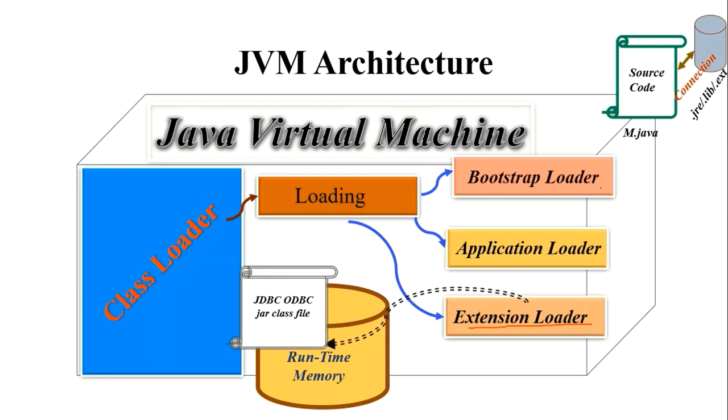It does a simple task of loading the System class into the main memory. As a result, we don't have to include the lang package corresponding to the System class. Application loader loads the class file and the extension loader loads any additional file for a special purpose like database connection, or anything else from the JRE or lib or ext library to the memory.